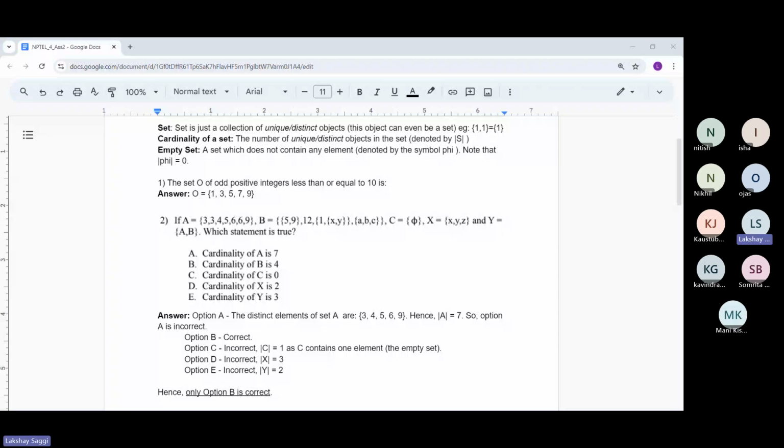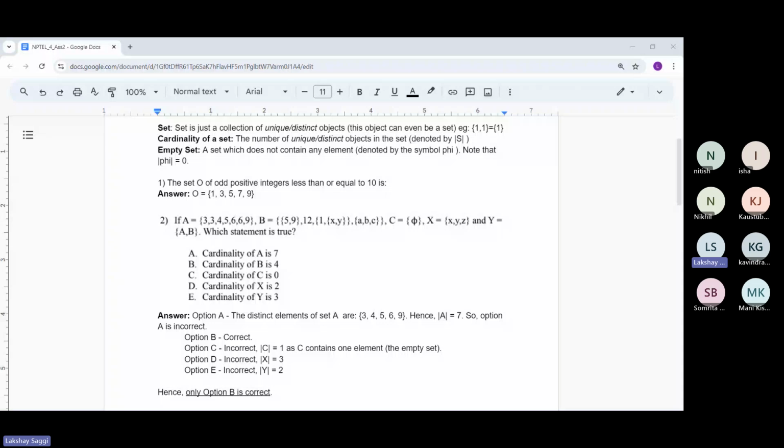Maybe I should denote phi like this so that you see that this is not some English, but another mathematical symbol.